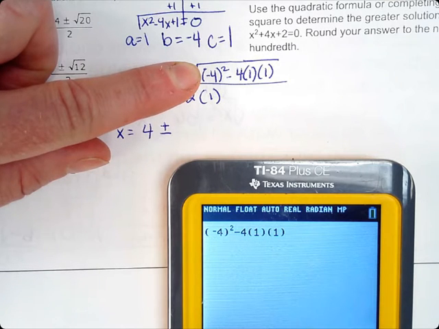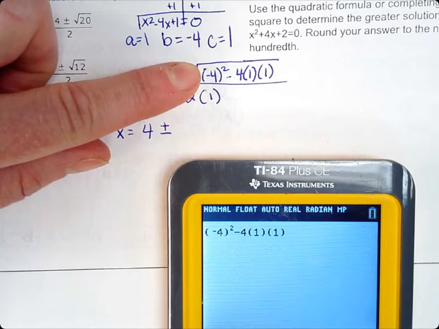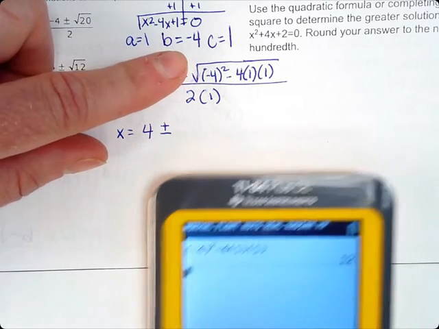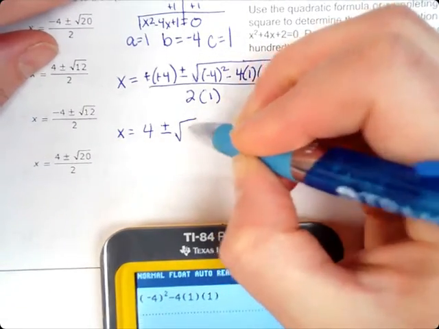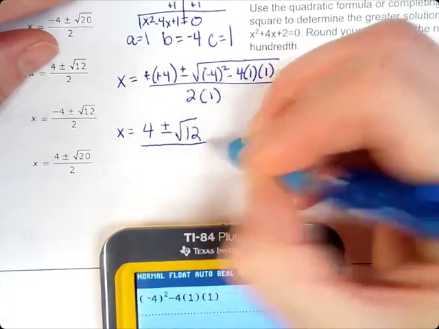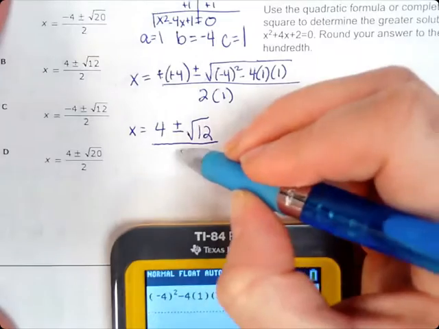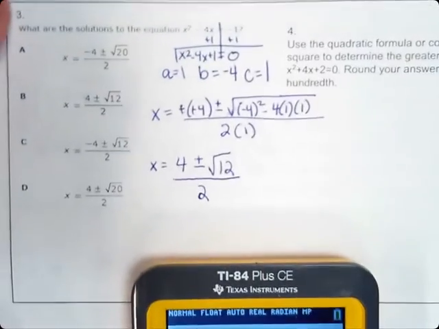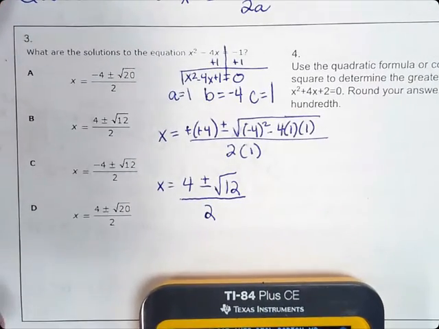We can do it in our heads if we'd like or work it out. I'm choosing to do it in the calculator though. So that equals 12. And we're going to keep it under that square root. So square root of 12 over 2 times 1, so that'd be over 2. So now look at your answer choices. Do we have a clear answer choice? It is B.